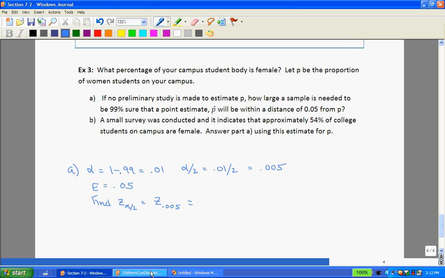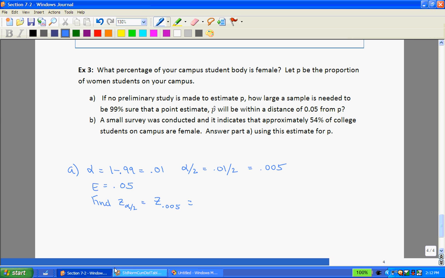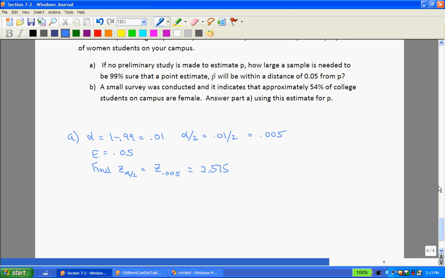So we go to our table, and I'm looking for 0.005 or something very, very close to it. And we found it right here, but I think we went ahead and said 2.575 to split the difference. So our z-score is 2.575.